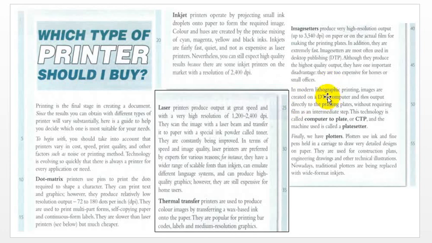In modern lithographic printing, the process of printing is called lithographic, and the person who works in this section is called a lithographer.